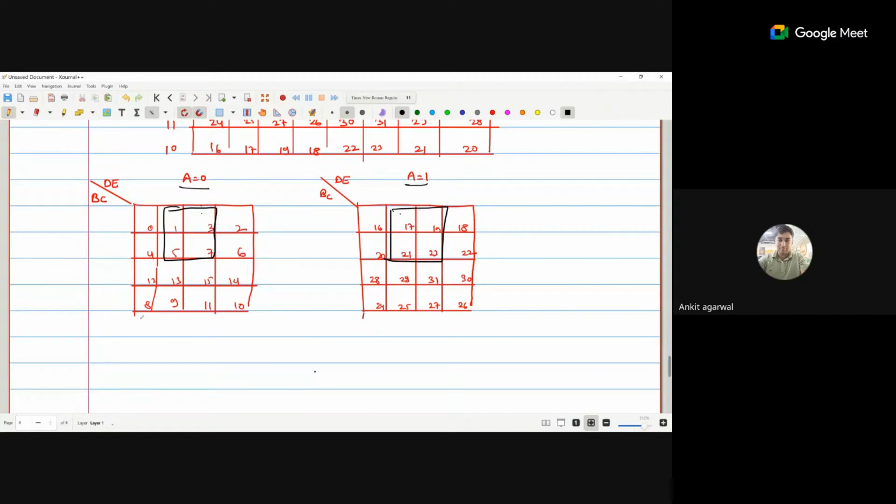But if a group does not overlap, for example one group here and another group here, then for this group we have the values of B, C, D, E, along with that we consider the value of A is 0, and for this one we have the values of B, C, D, E, along with that we consider the value of A is 1. Okay, so let's take an example.